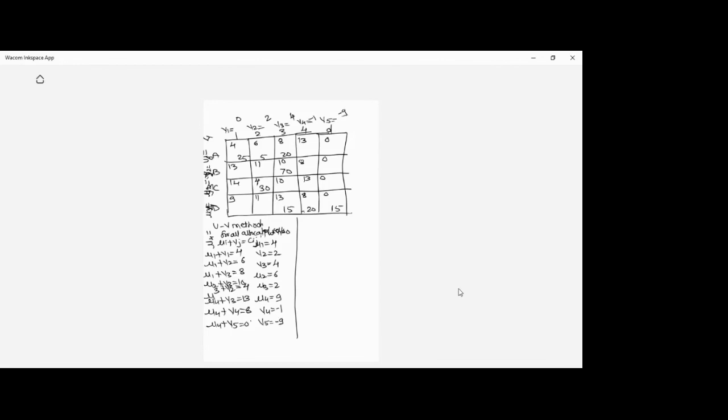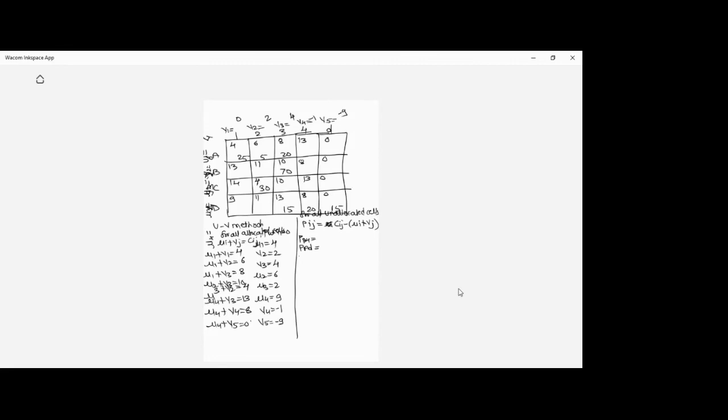So for all unallocated cells, Pij is equal to Cij minus (ui plus vj). So you can do the calculations. Let's list down all the unallocated cells first. So it is PA4 and PAD. Right.